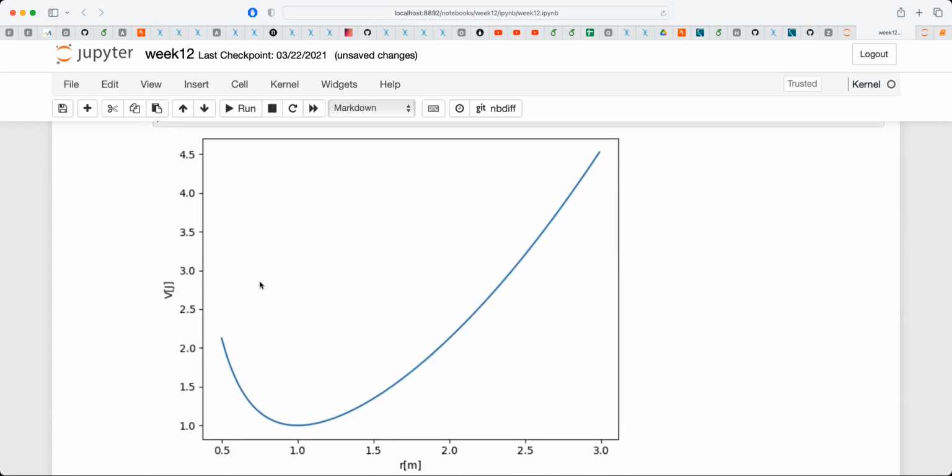Just keep in mind that this potential is a transformation of a potential in Cartesian coordinates, which goes like x squared plus y squared, into polar coordinates. Then we bring in the radial dependence from the kinetic energy into the potential, and that gives us what we call an effective potential.